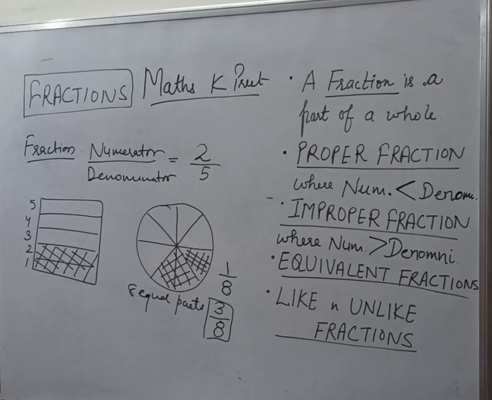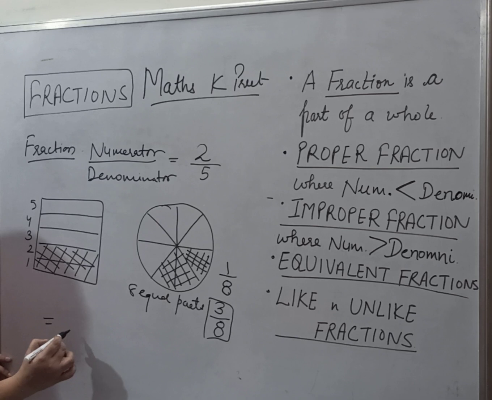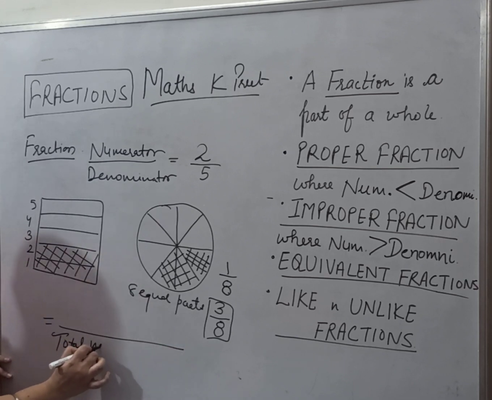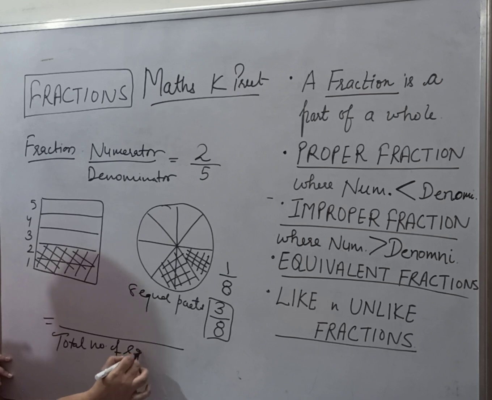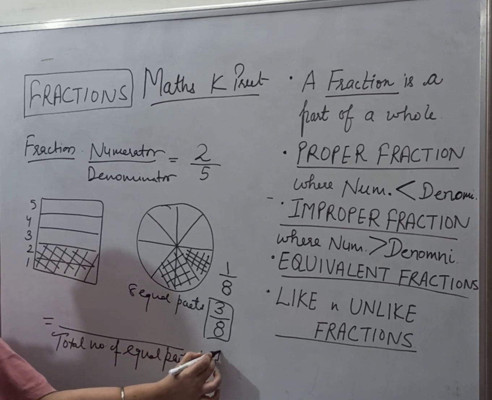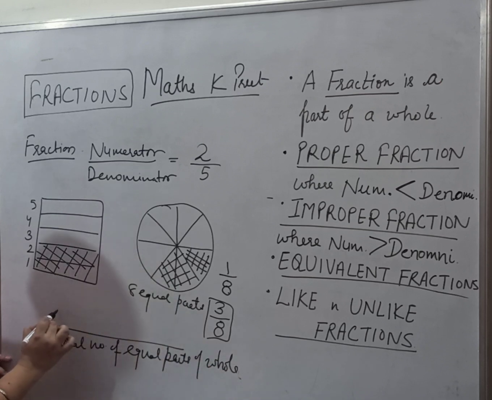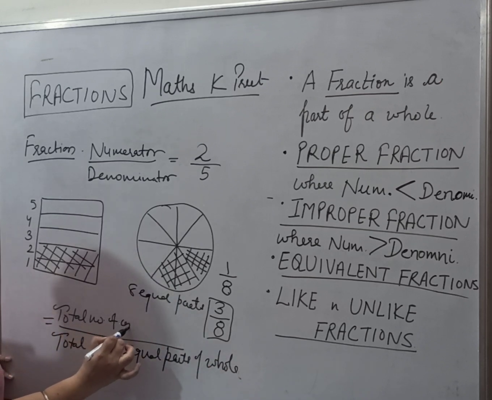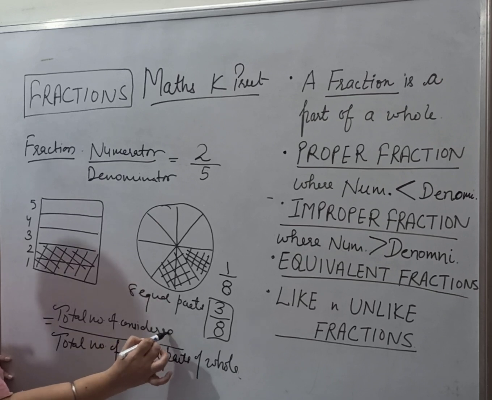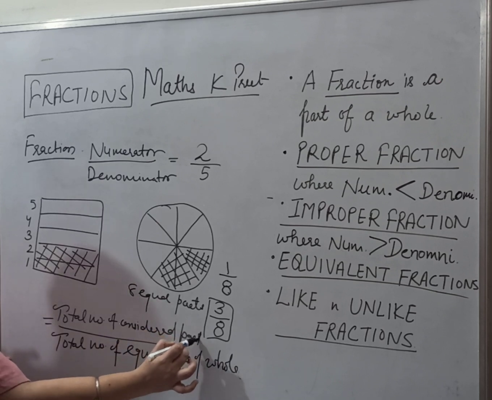So in the denominator we always take the total number of equal parts of a whole, and in the numerator the total number of considered parts.